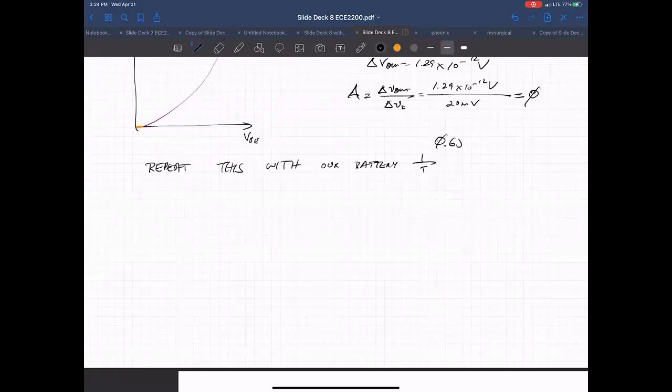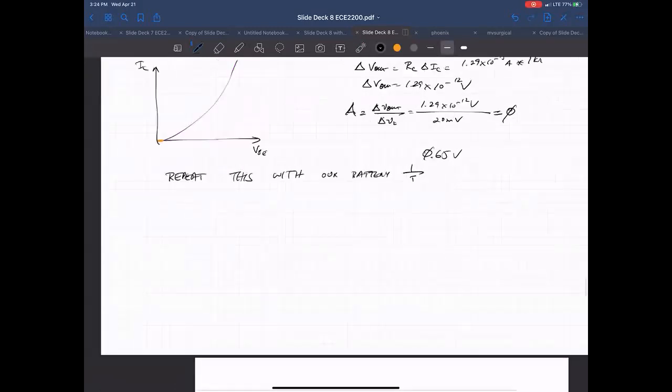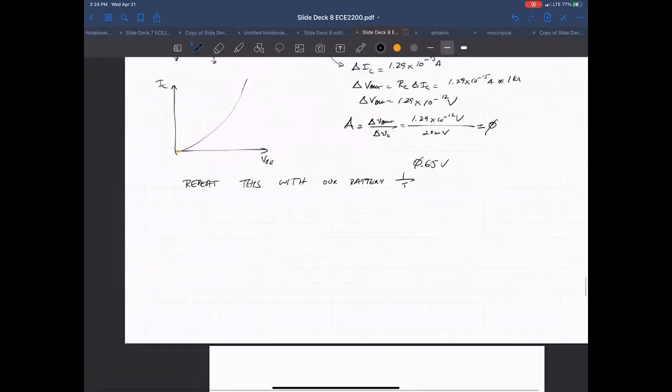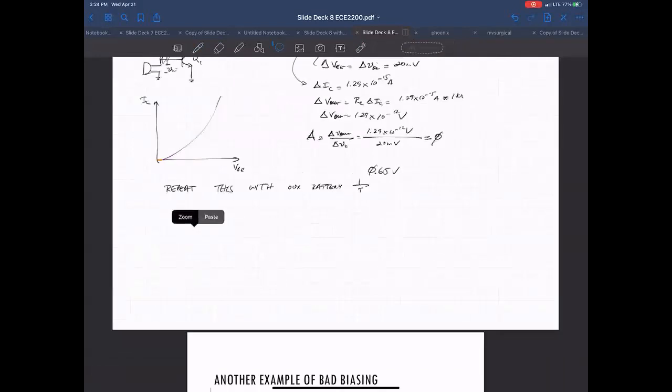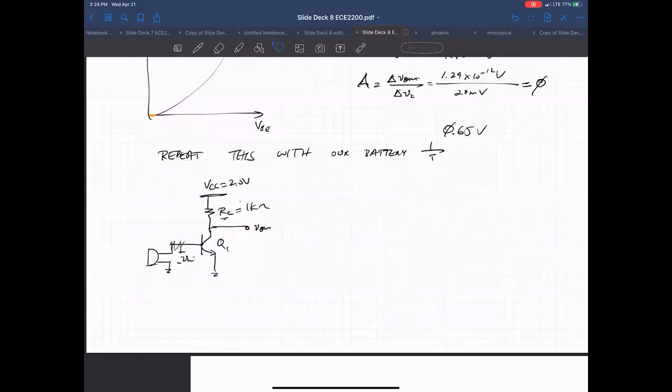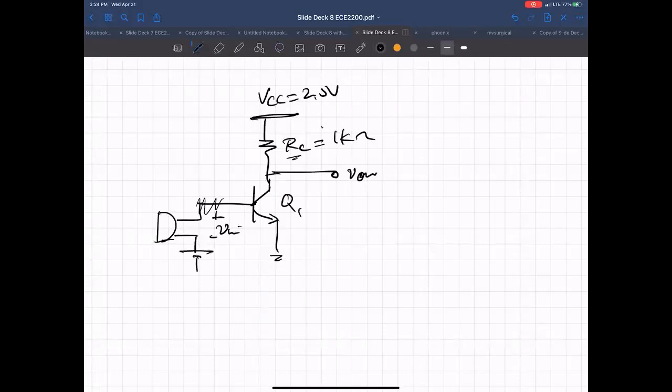So we're repeating this experiment and we're saying, let's take this guy and put a battery here of 0.65 volts, okay?